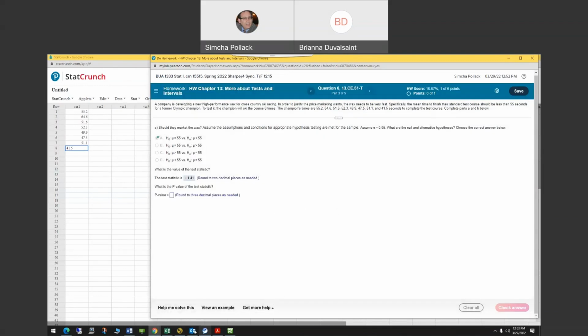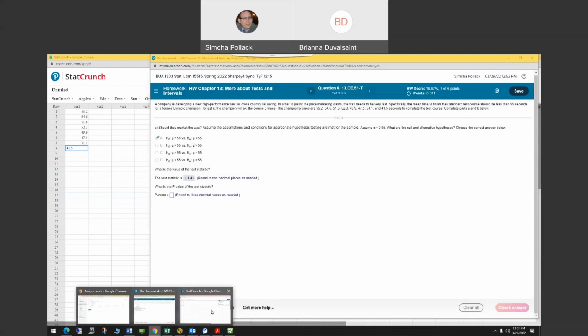The p-value again comes out of the printout. I think I saw it there. It was 0.1007.